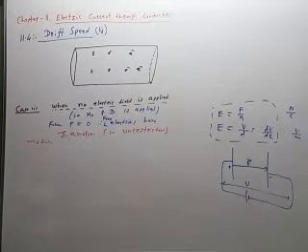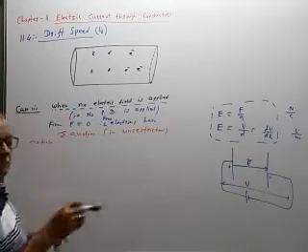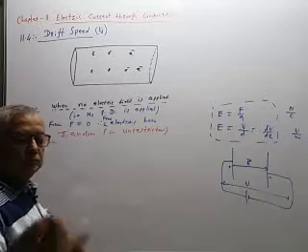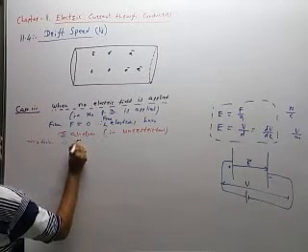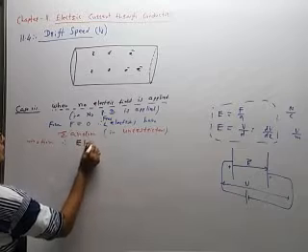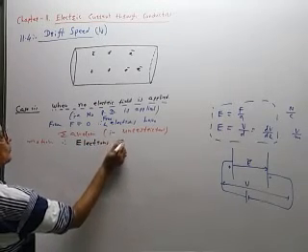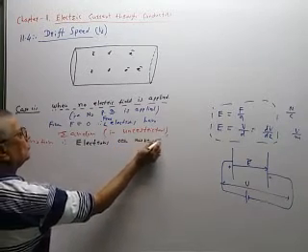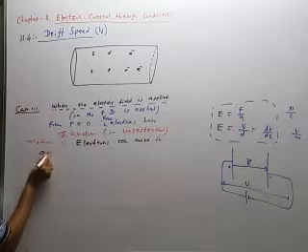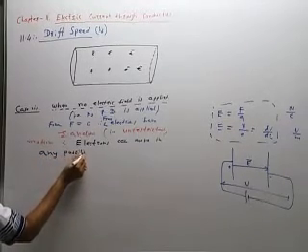Random motion or unrestricted motion means electrons can move in any possible direction.